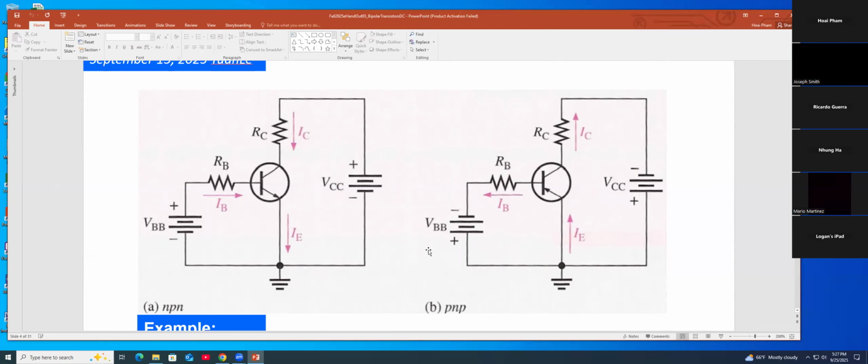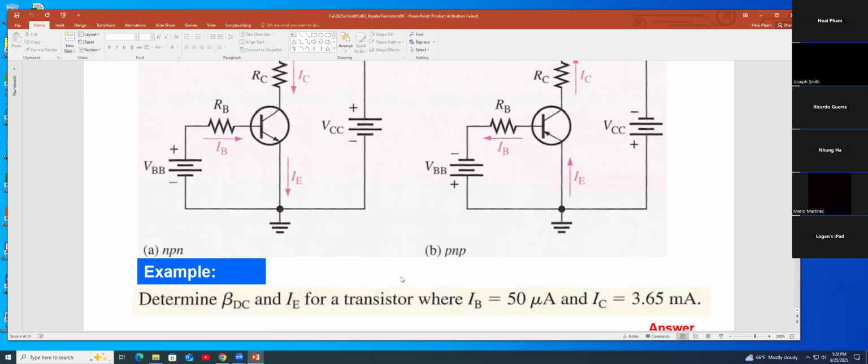For NPN, VBB is positive here, for PNP, VBB will be negative, opposite. You see that? And VCC also is opposite. And the current flow, IB in, IC in, IE out for NPN, and for PNP, just opposite.